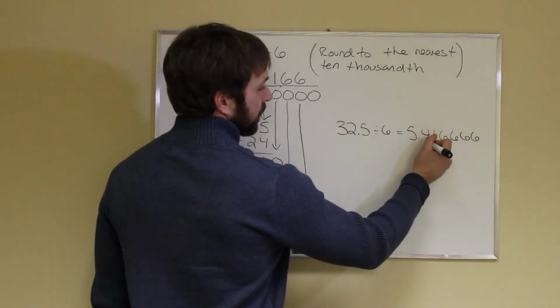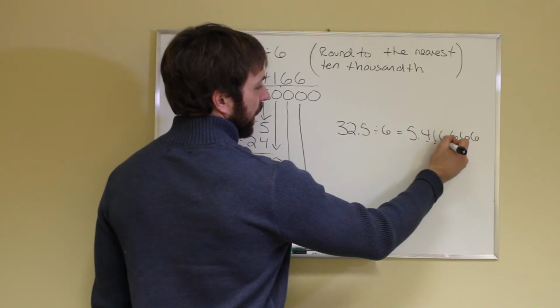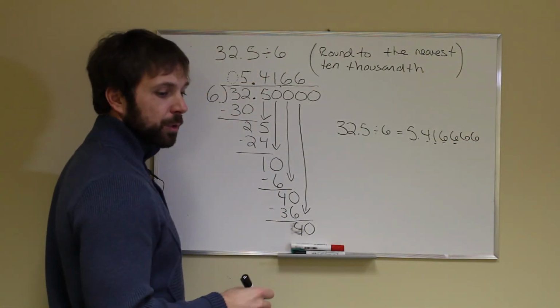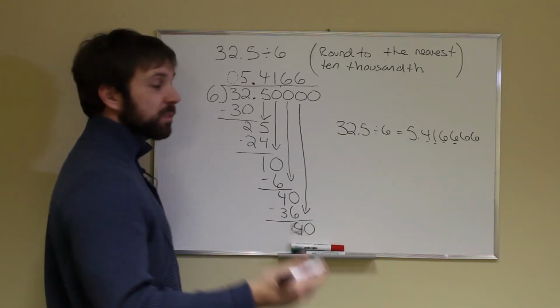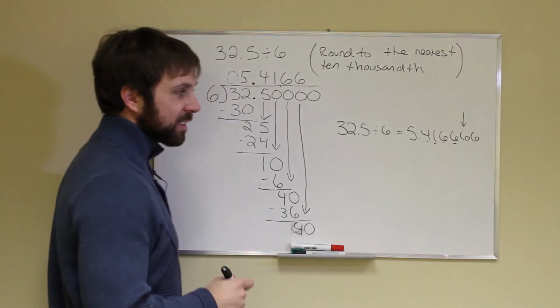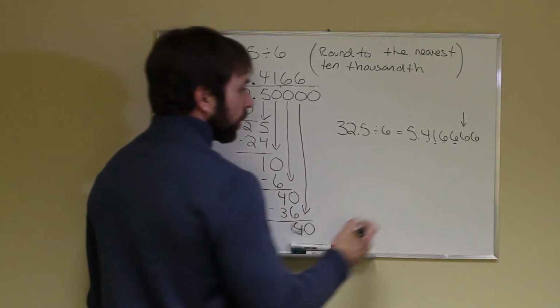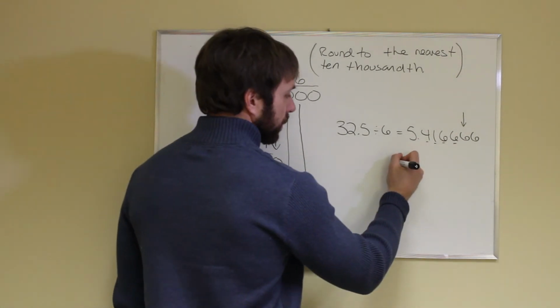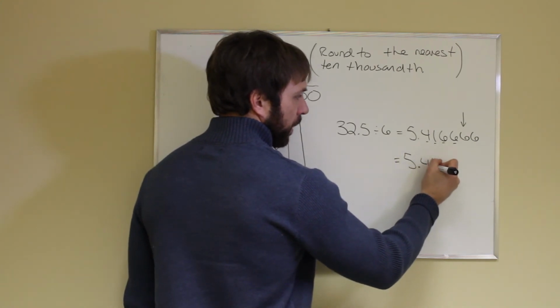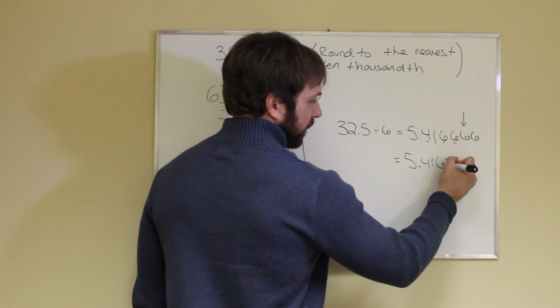So this is tenths, hundredths, thousandths, 10,000ths. So what I need to do is look to the number to the right of my 10,000ths place value, which is right here. I realize that that is a 6, so I need to round up. So my answer becomes 5.4167.